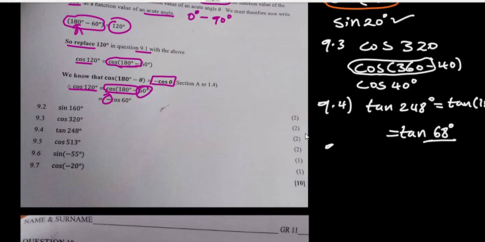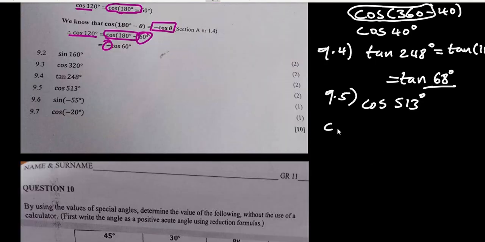So 9.5, you have cos 513. Okay, so you're going to have cos 360 plus 153.